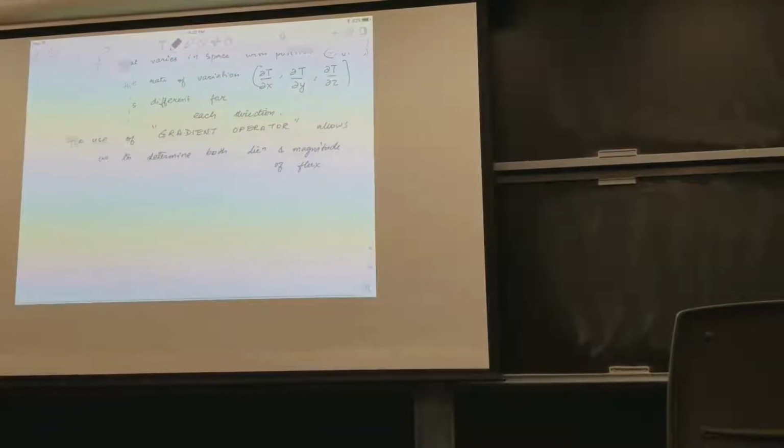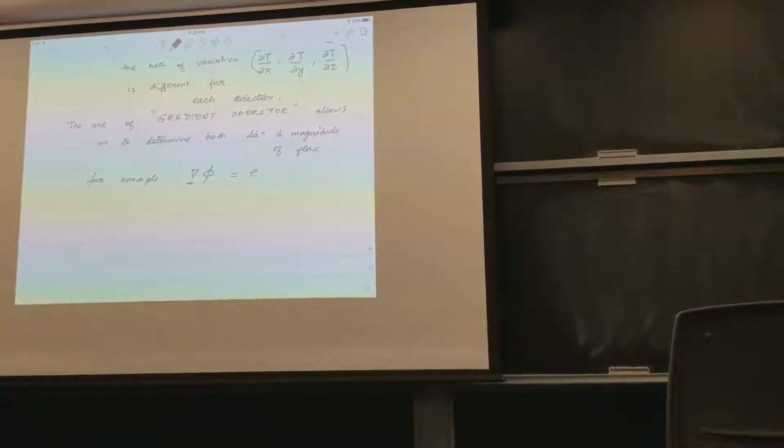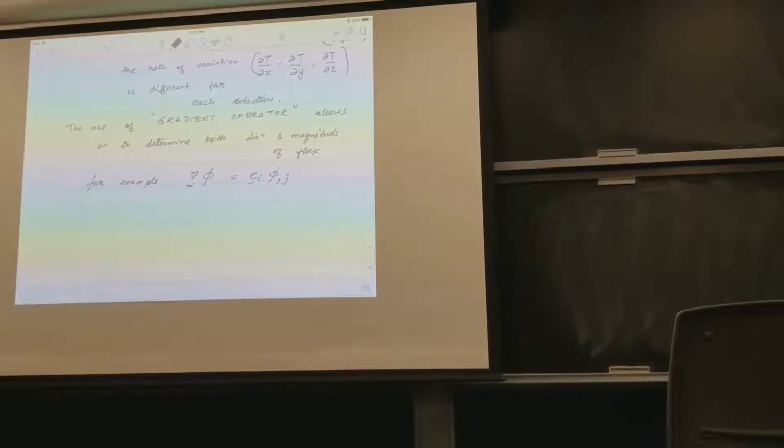And again, if I had a function phi, then this can be defined as e_i phi comma j, where the comma denotes differentiation with respect to j.